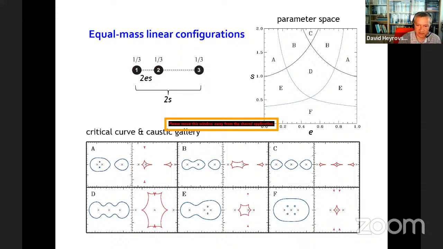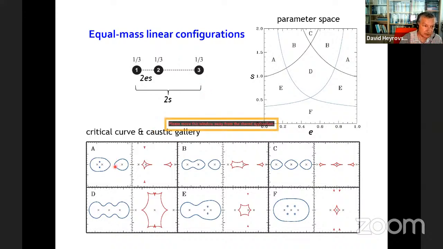You have something which is the close regime, that's this regime F, one outer loop with 4 small loops inside. You have something that is the wide regime, that is this regime C, where you have 3 separate loops. And then you have these different intermediate regimes which appear here. The regimes A and B are interesting because they are regimes close to one side or the other side here if you go up.